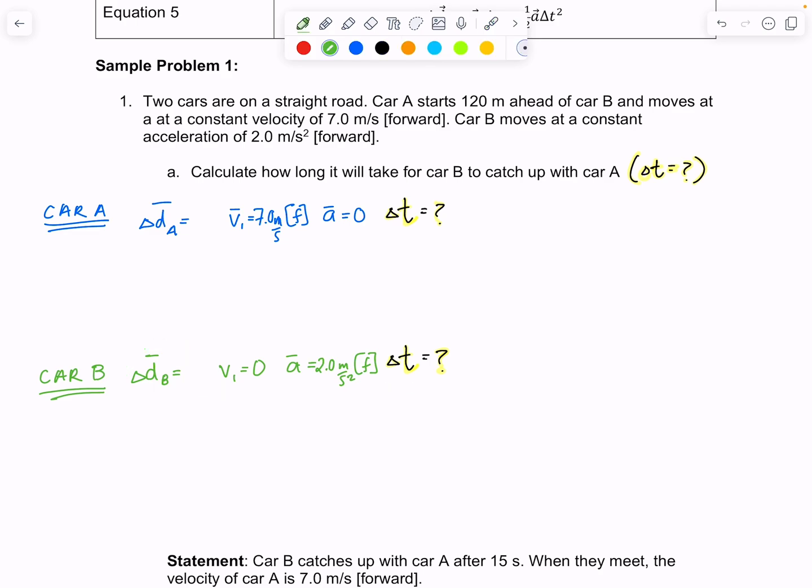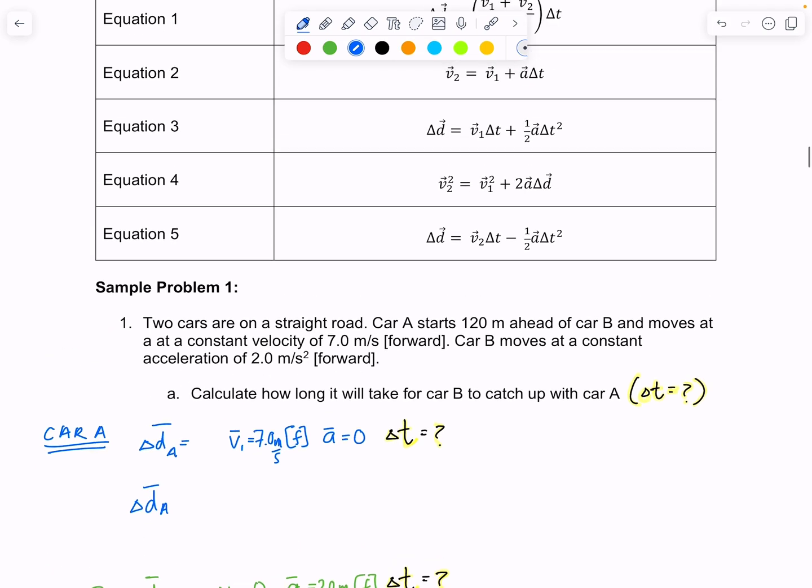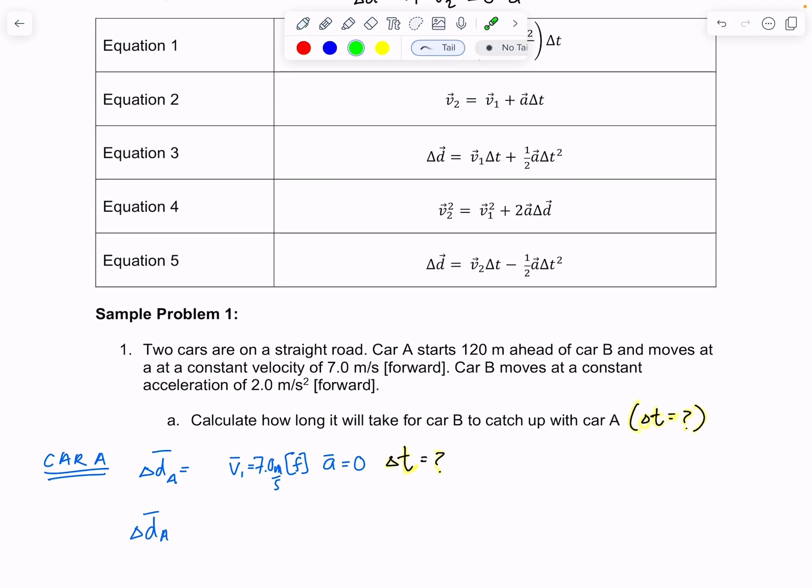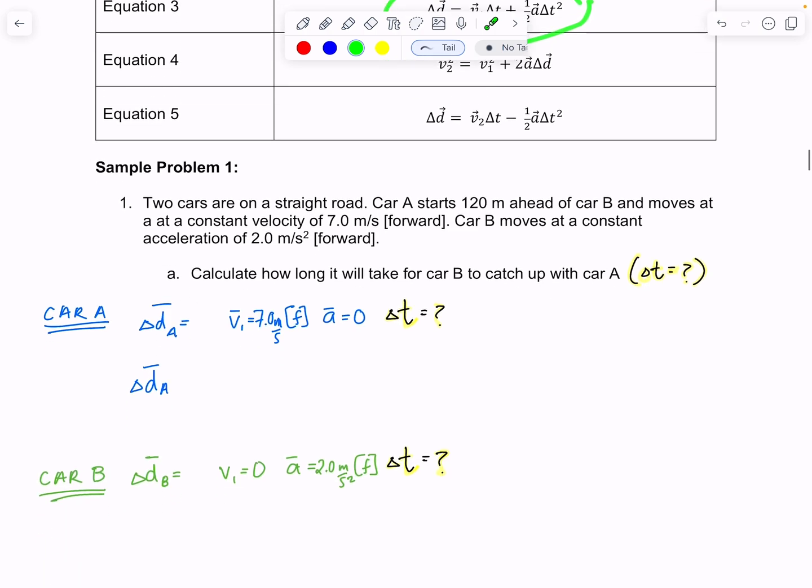For each of these, we're going to be using equation number 3. Equation number 3 states delta D is equal to V1 delta T plus 1/2 A delta T squared. Let's write down this equation.